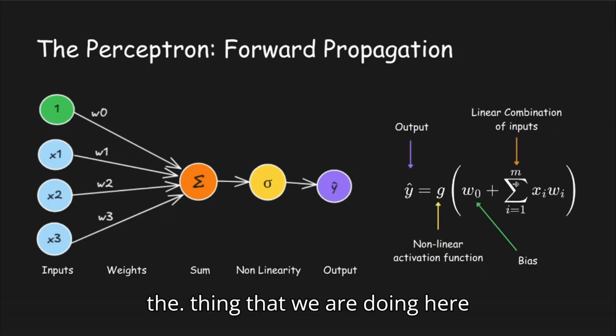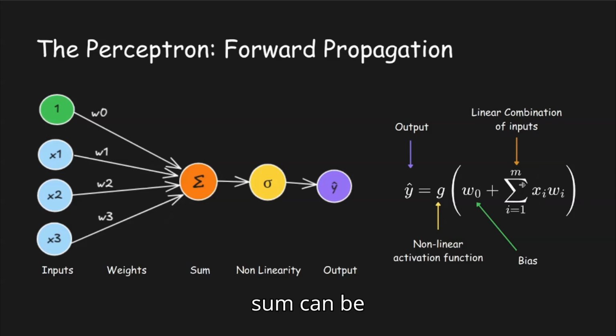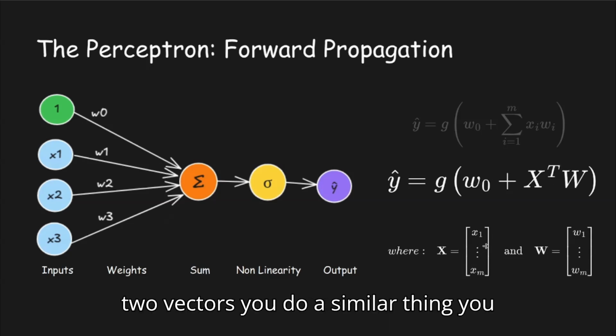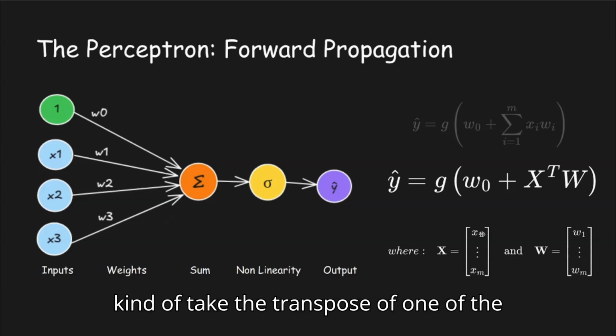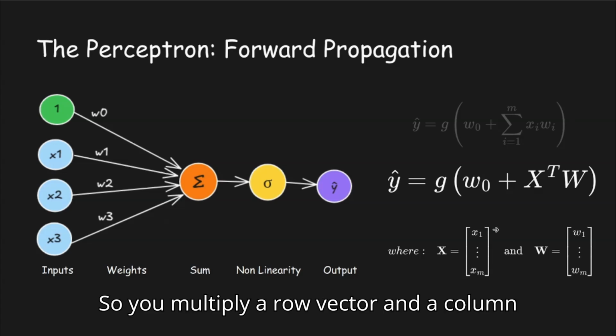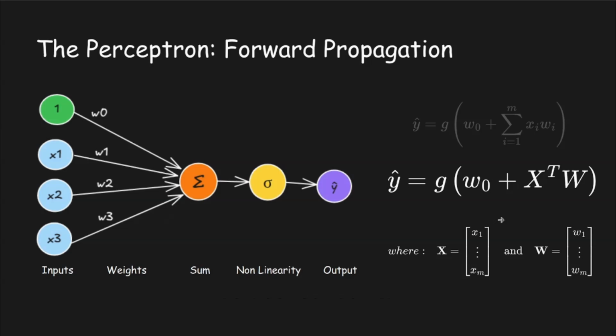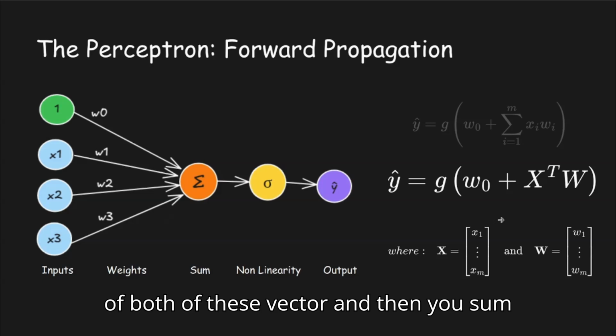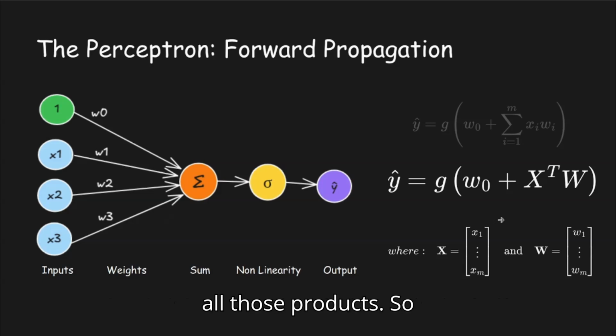So we can see that the thing that we are doing here, which is calculating the weighted sum, can be replaced with a dot product. In a dot product of 2 vectors, you do a similar thing. You take the transpose of one of the vectors and multiply a row vector and a column vector such that you multiply the values in the same indices of both vectors, and then you sum all those products.